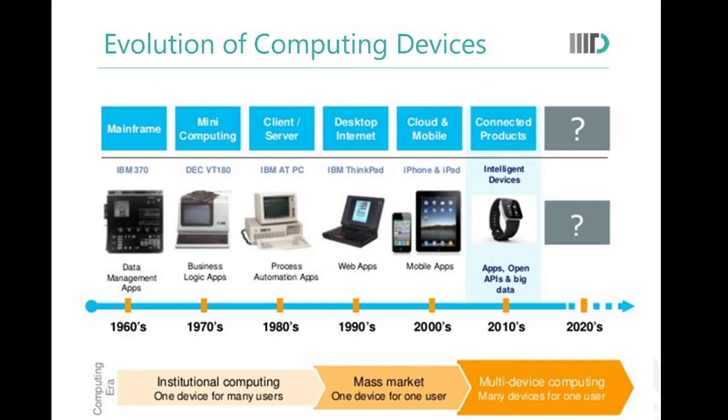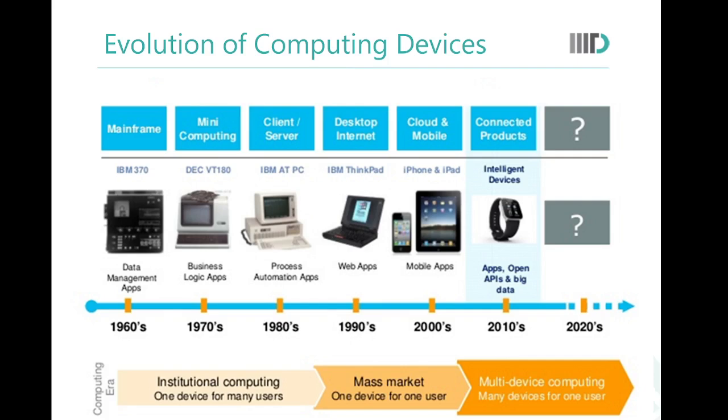Now, to further emphasize this point, you will see that the way the computers have evolved is quite interesting. So, we have seen that in the early 50s we had these vacuum tube based big computers which could do very limited stuff.